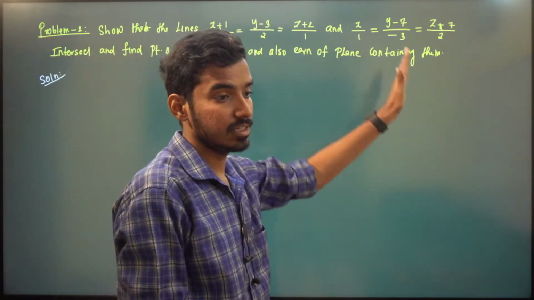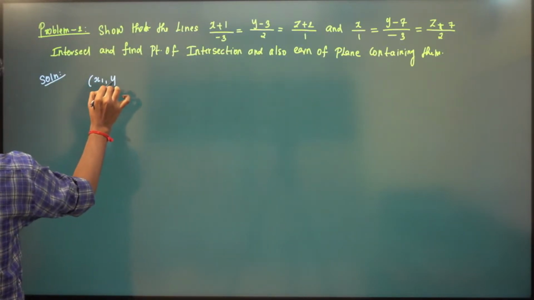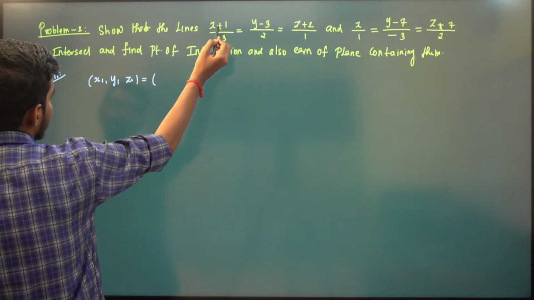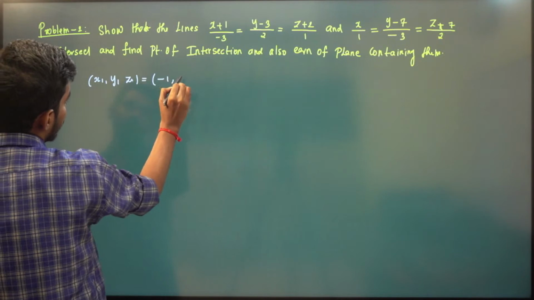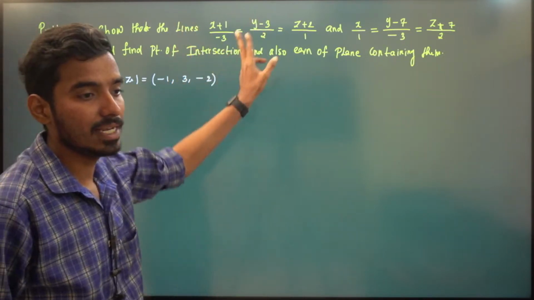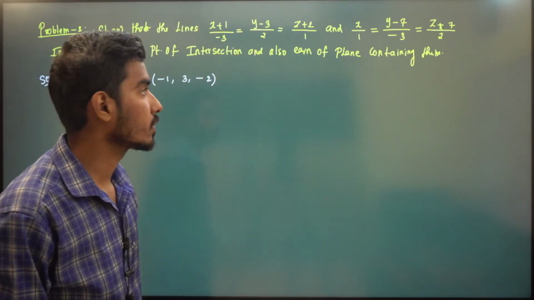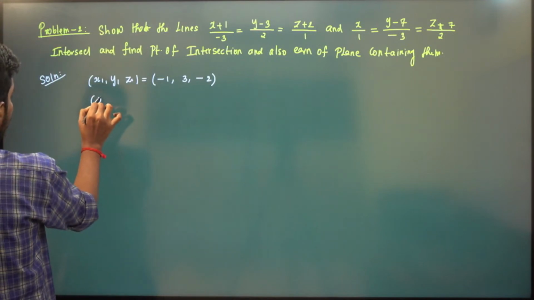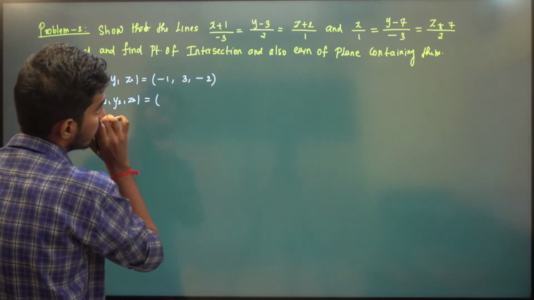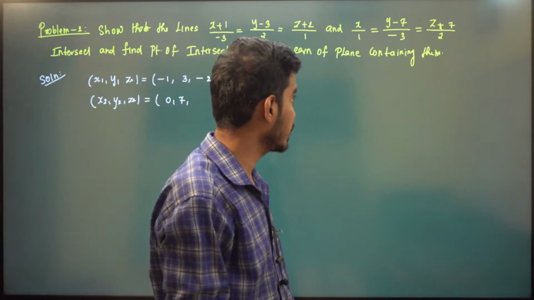So you just write this in symmetrical form. So what is x1 y1 z1? See, here it has to be minus, right? So it will be minus 1, 3 and minus 2. The symmetrical form is x minus x1, but you have plus here, so minus of minus 1. And x2 y2 z2 will be 0, 7 and minus 7.